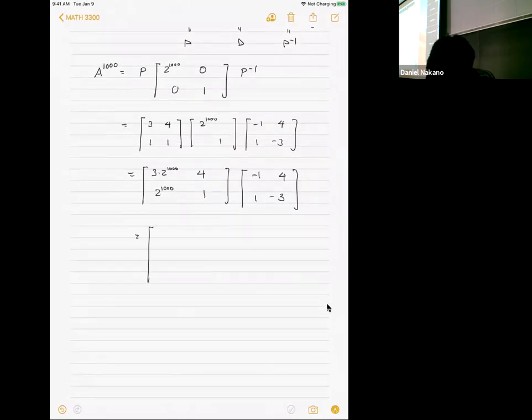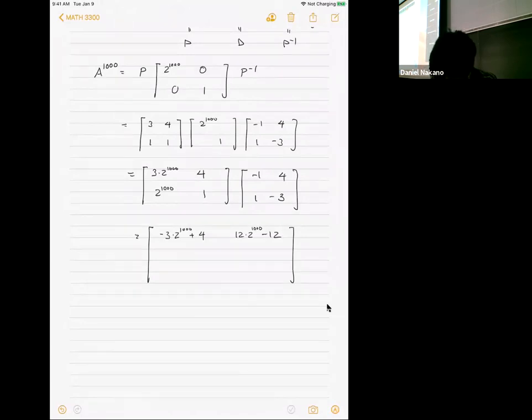So let me just make sure I have enough space. So I get minus 3 times 2 to the 1000. I'm taking the dot product of the first row with the first column, right? Plus 4. And the next one I get 12 times 2 to the 1000 minus 12. Okay.